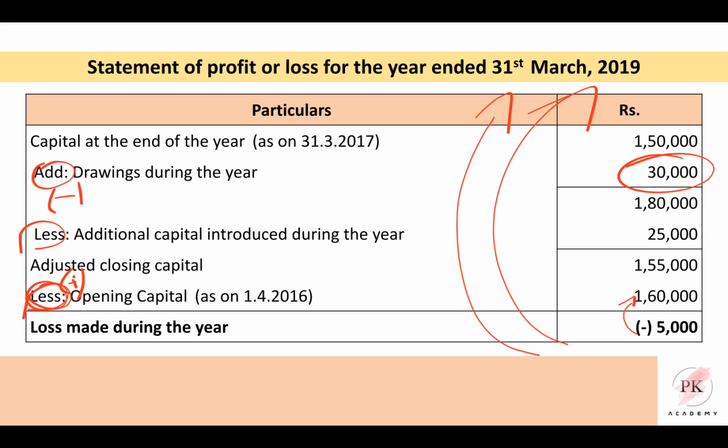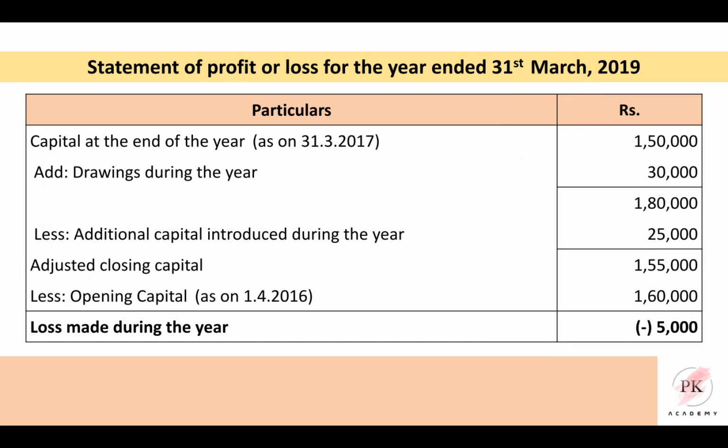So minus 5,000 plus 1,60,000, minus and plus, gives me 1,55,000, and here less, right? So we should add in reverse manner. 155 plus 25 gives me 1,80,000, and drawings is not given, so the difference between these two will be drawings. You can find it in that way and the capital account way also.